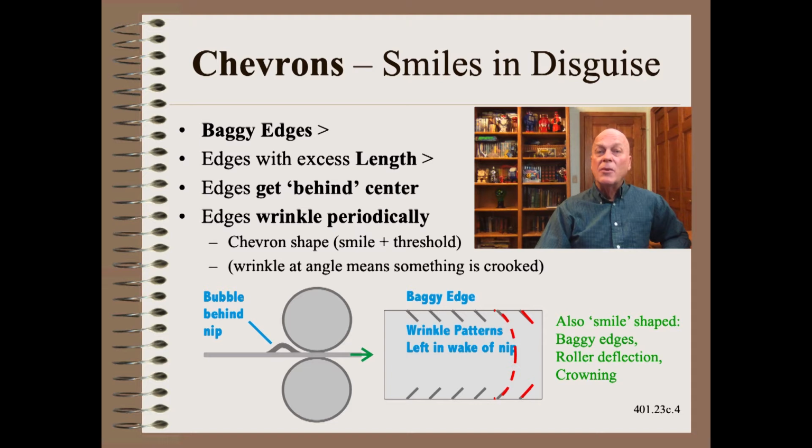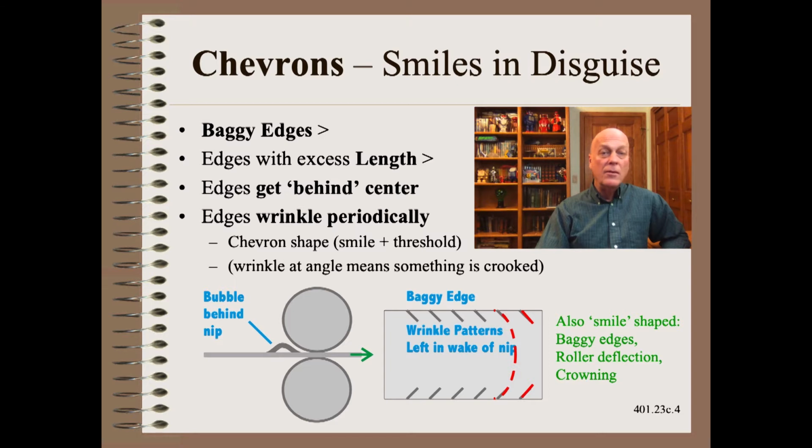Let us continue with a quite common smile shape that is not as well known. That is a chevron. Those 5,000 of you who have taken my award-winning and trademarked Web101 class will immediately recognize this example. That is the mechanics of how and why baggy edges make chevron-shaped wrinkles when they go through a nip.